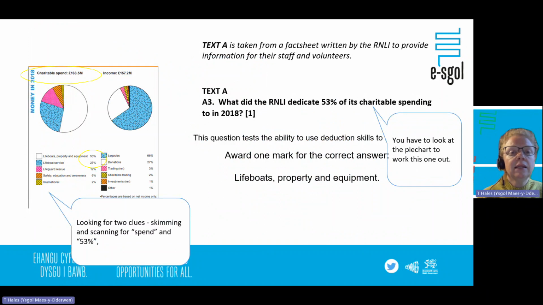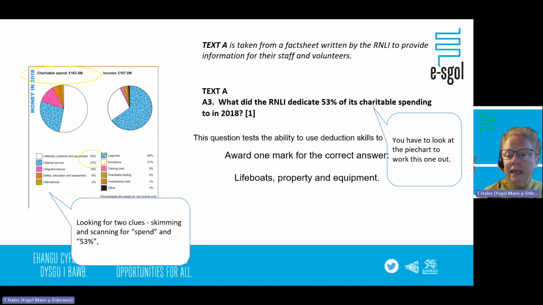So again, text A, and this time we're being asked about the money. What did it dedicate 53% of the charitable spend to in 2018? So we know now that we need to look at the pie chart. We haven't looked at that yet, so now we know we've got to look at the pie chart. And we also know that we've got to look at the one labelled spend because it's asking about the spending of the RNLI.